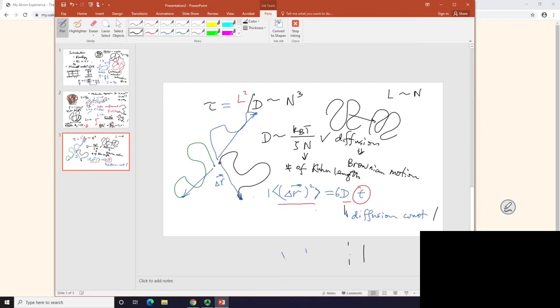I know I didn't quite say enough about what zeta is. It's called the friction coefficient. It has the unit, turns out, according to Stokes, of viscosity times, I don't want to confuse you here.